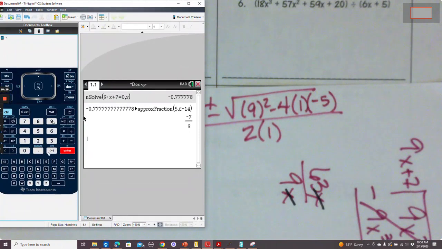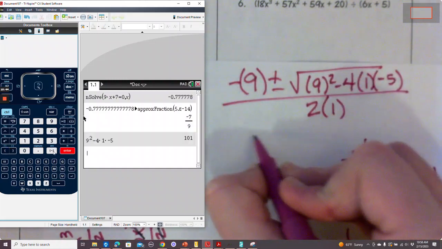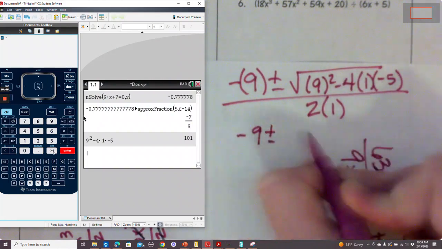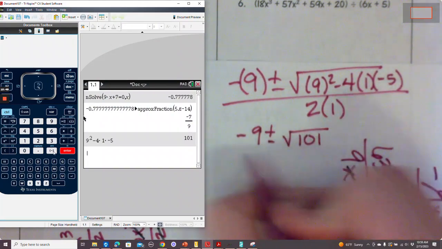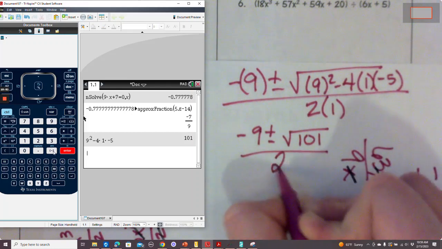So we're just going to do 9 squared. Ooh, 9 squared. Minus 4 times 1 times negative 5. And I get 101. So now I've got negative 9 plus or minus the square root of 101, over 2 times 1, which is 2.